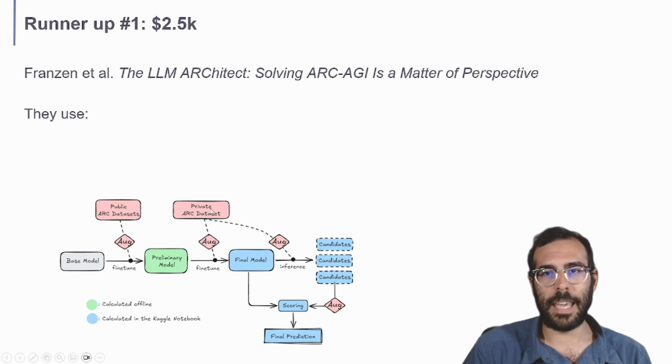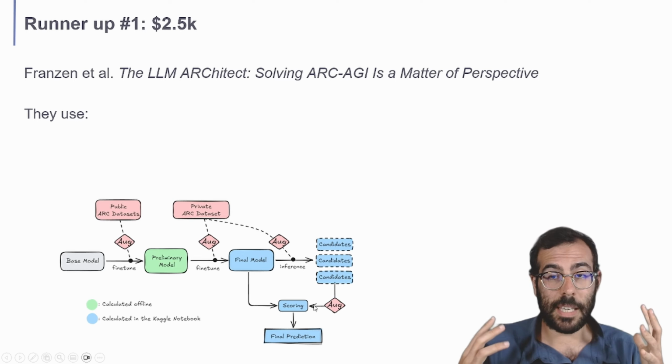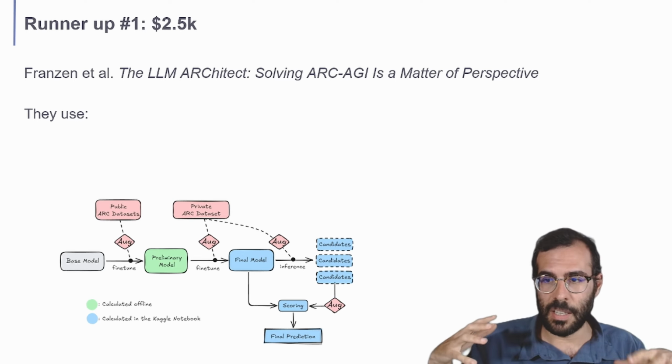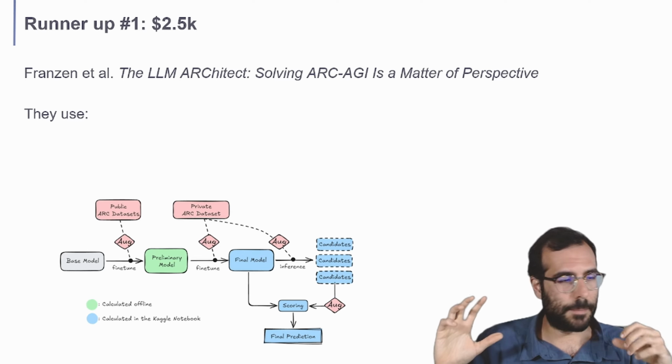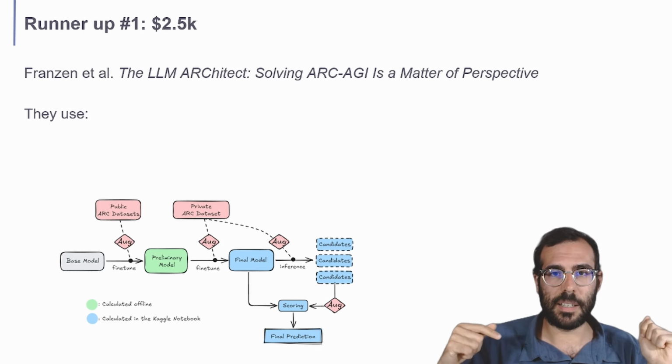And then at test time, you augment the private ARC dataset, which gets you to the final model. Then you can do inference, which gets you a set of candidate solutions, which is augmented. And then they have something that we haven't talked about yet, which is a strategy to score the candidates.